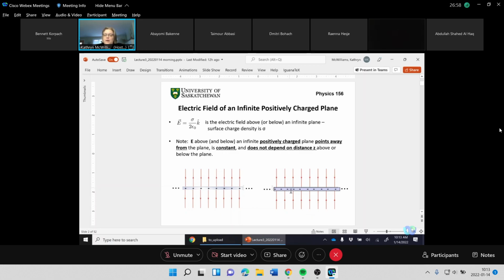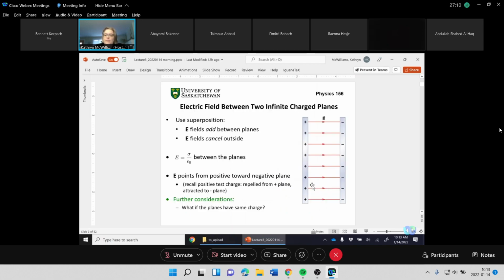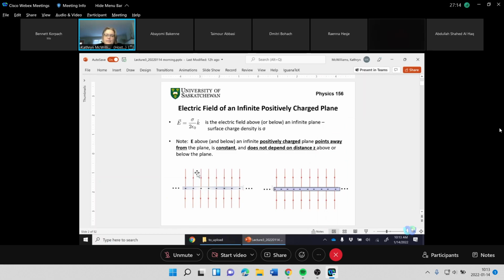If one is positive and one is negative, but the same magnitude of charge density is on there, the electric field magnitudes will be the same. So when I put the plates together, like if I put the negative plate over to the left, somewhere nearby this positive one, the plus and minus field lines that overlap will cancel each other out.